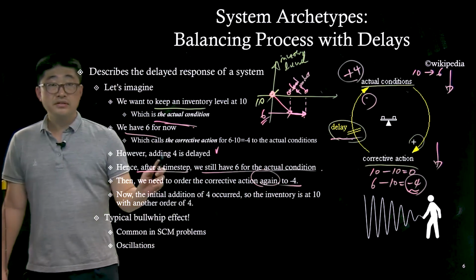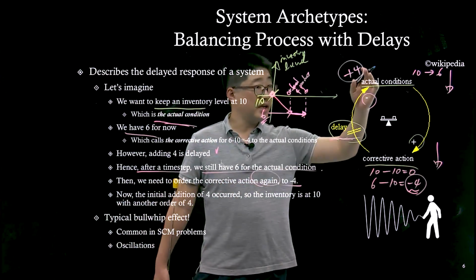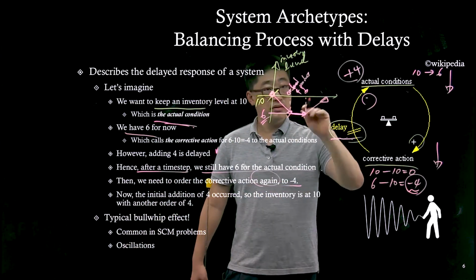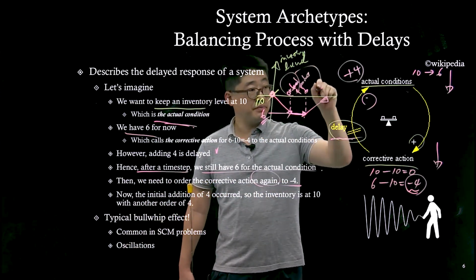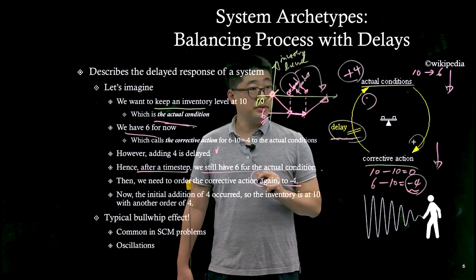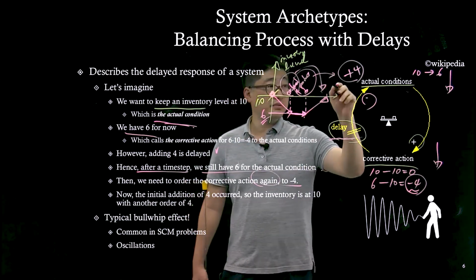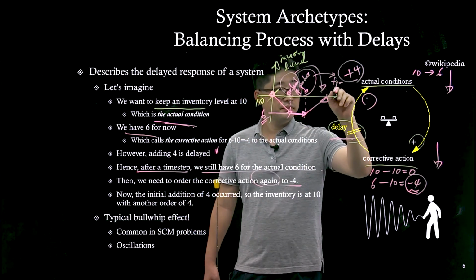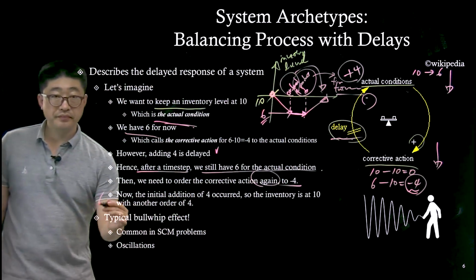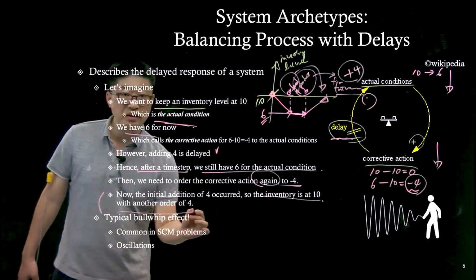So the inventory is, let's say, another time step. The first order of 4 came in, so the inventory level is restored to 10. However, the order of 4 products remains for the future. So the inventory is restored, however, with another order of 4.